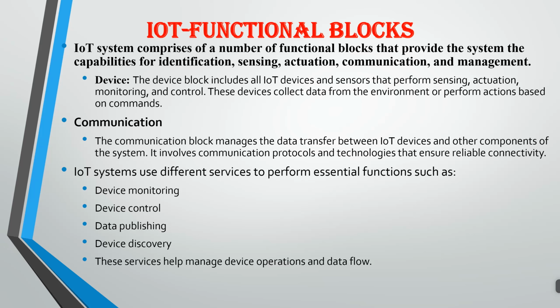So here, the device block includes all the IoT devices and sensors. The requirement of the devices here is to sense, actuate, monitor, and control. So all these things include the device.